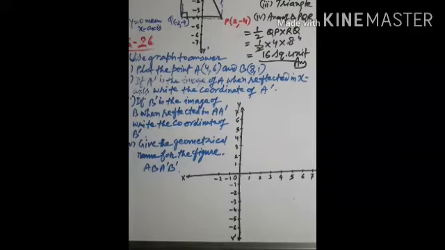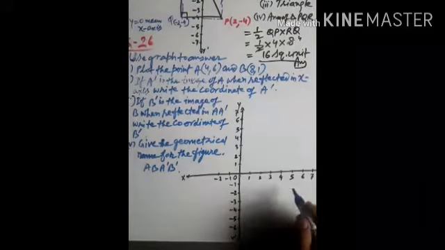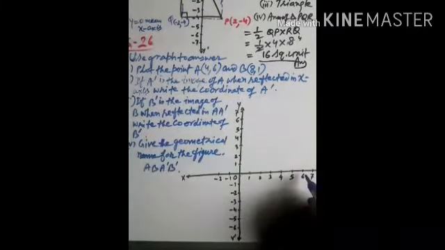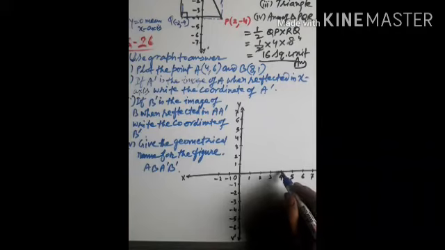Okay, here plot the point. Point A is 4, 6 and point B is 8, 1. So you see where will the points 8, 1 and 4, 6 be. Mark the point 4, 6. On the graph paper, the x coordinate is 4 and the y coordinate is 6.